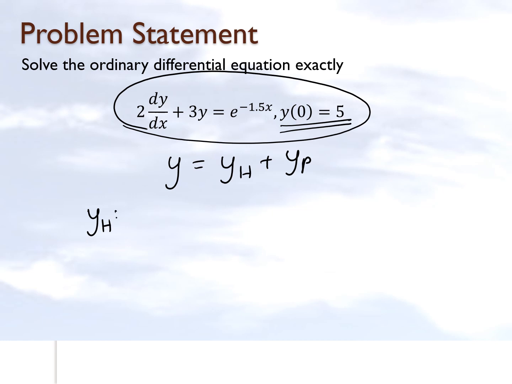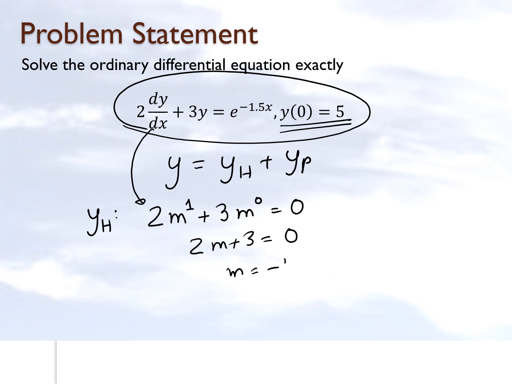So the homogeneous part can be found by writing the characteristic equation. So it will be 2 times m to the power 1, because it's the first derivative, plus 3 times m to the power 0, equal to 0. So 2m plus 3 is equal to 0. So m is equal to minus 1.5.